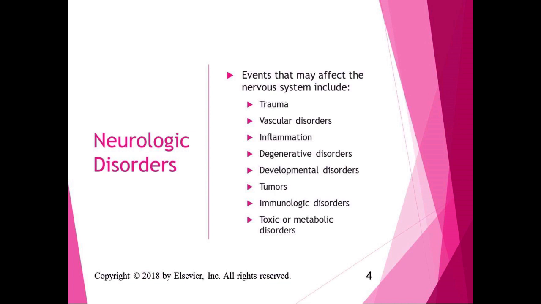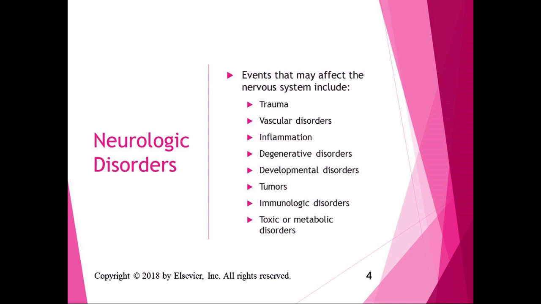Some acute peripheral demyelination disorders like Guillain-Barré syndrome involve inflammation. A lot of the long-term neurodegenerative diseases have an inflammatory aspect to them. Degenerative disorders include things like Parkinson's, multiple sclerosis, myasthenia gravis, things that are going to get worse over time.